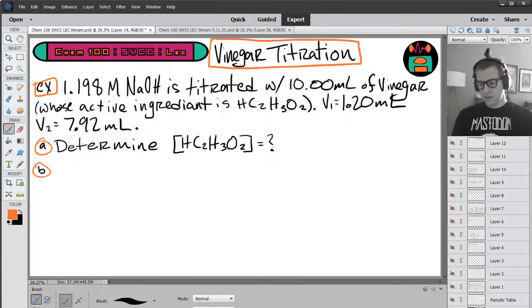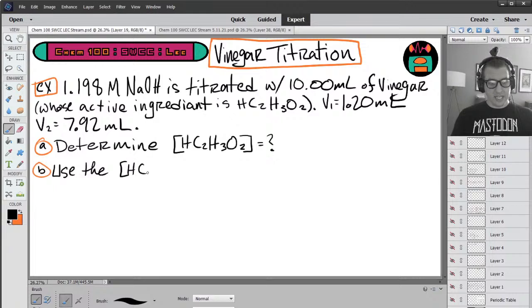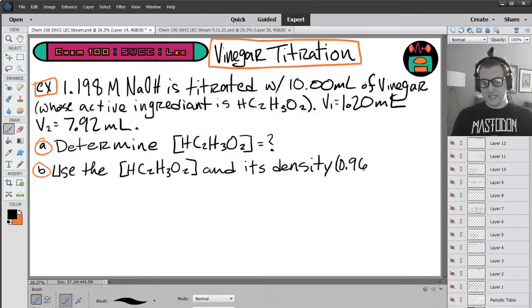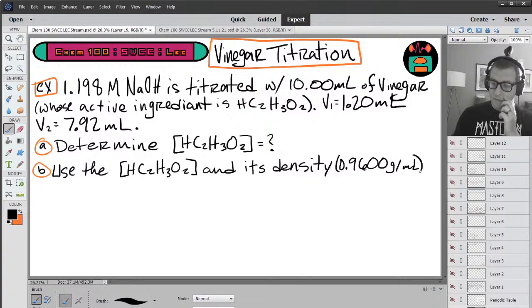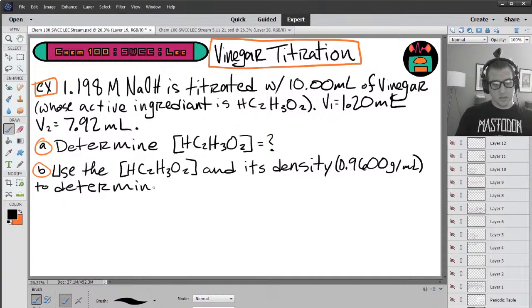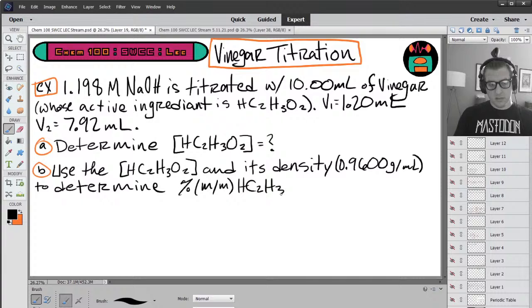Part B. Use the molarity of acetic acid and its density, which is 0.9600 grams per mL, to determine the percent mass of acetic acid in vinegar.